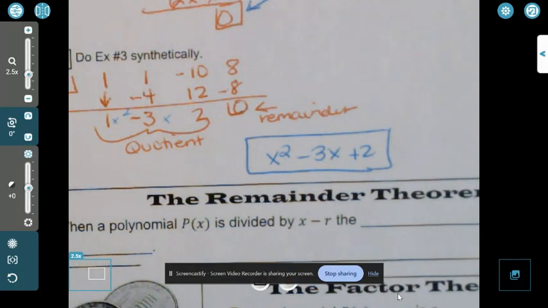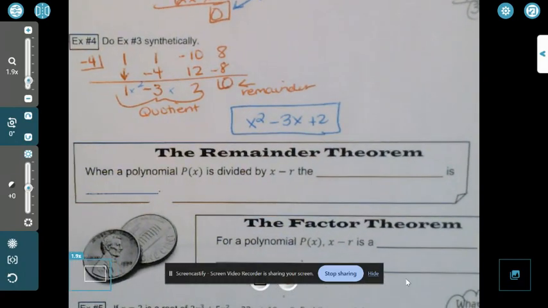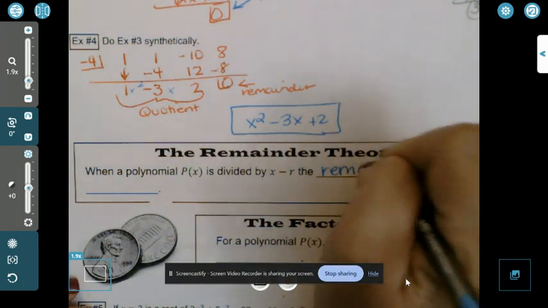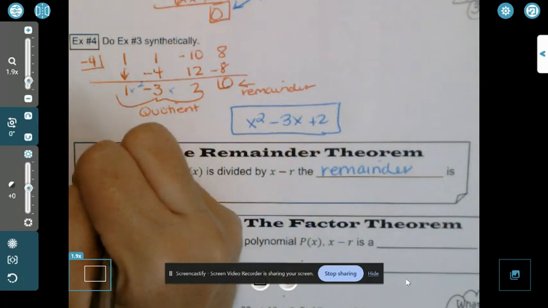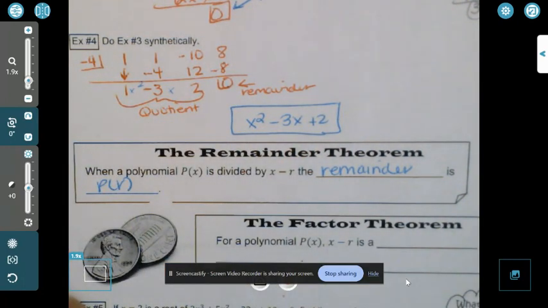Okay. All right, so that takes us right down here to just some theorems that we have based on this one. A polynomial p of x is divided by x minus r. The remainder is p of r. Okay?